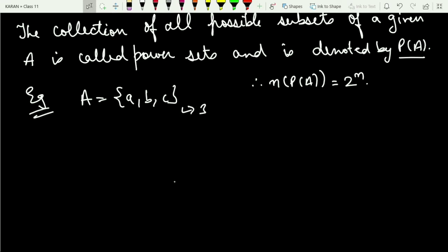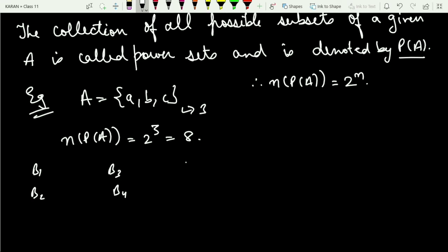So the number of elements in the power set is 2 raised to the power 3, which is 8. So 8 elements will come. Let me call them B1, B2, B3, B4, B5, B6, B7 and B8. So in total there will be 8 subsets.